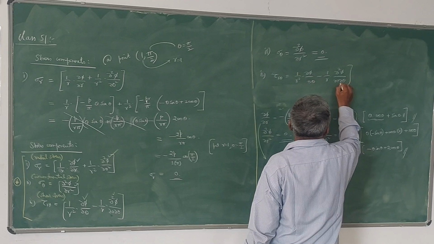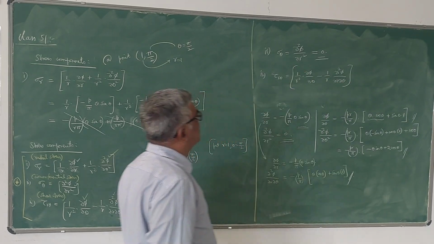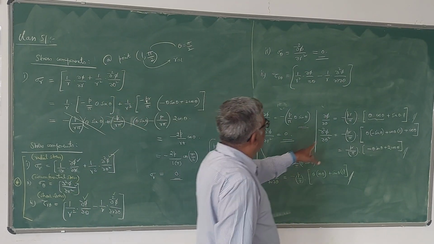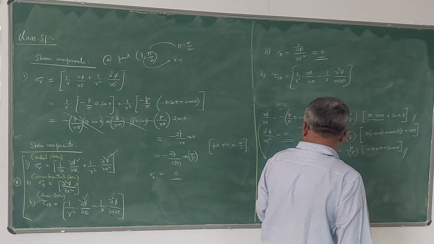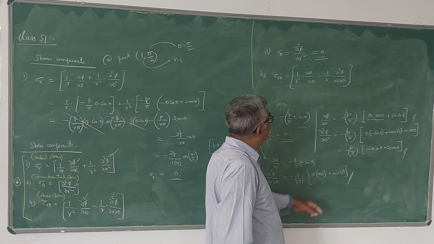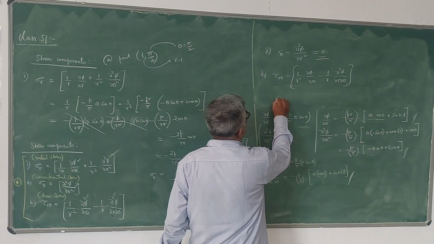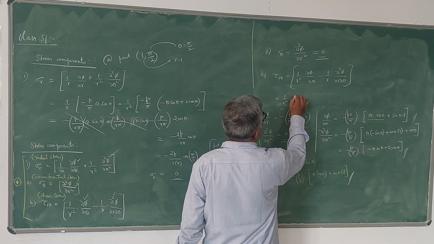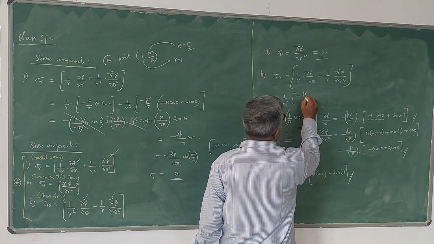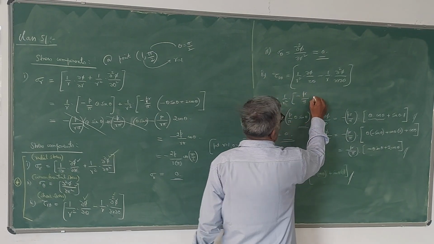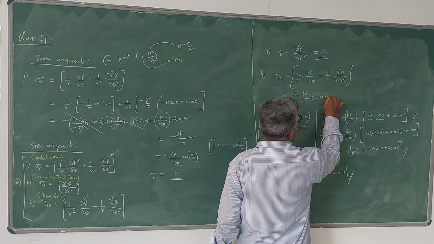Substitute for it. You have dou phi by dou r, dou phi by dou theta is this, then dou square phi by dou r dou theta is this. Substitute both of them. Let us see what we are going to get. 1 by r square into what is dou phi by dou theta? This one. Minus p r by pi into theta cos theta plus sin.